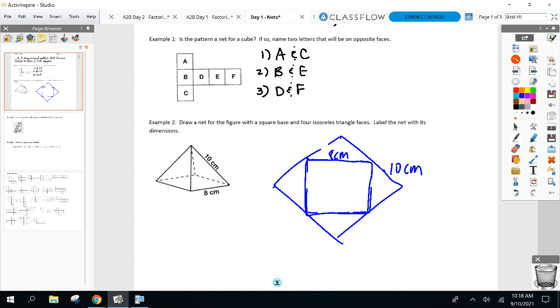I could have had the square, and I could have folded that triangle out, but I've brought this one over to the tip of this one. Yes, everyone sees that? Depends on how you do it. That's what's so great about drawing a net. There's multiple ways of doing it. Questions? All right.